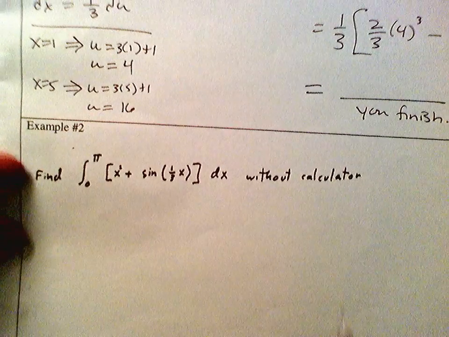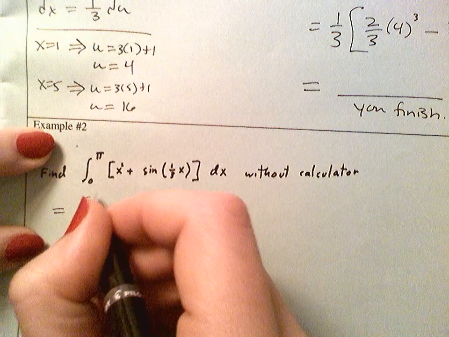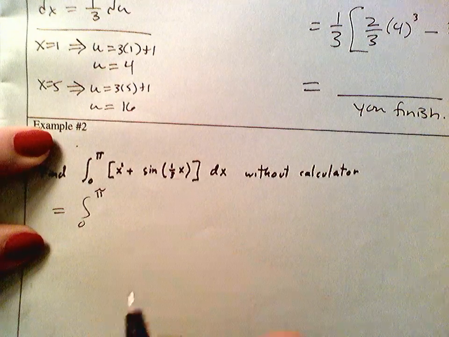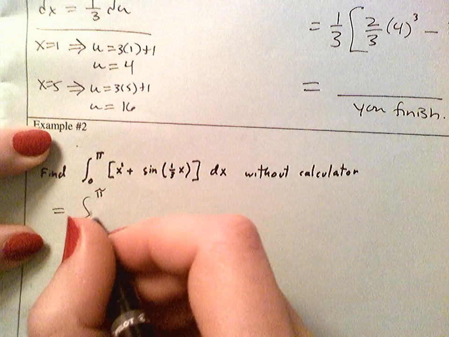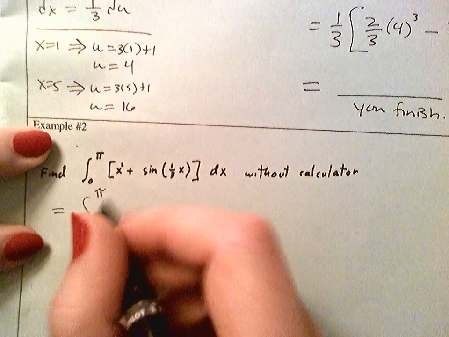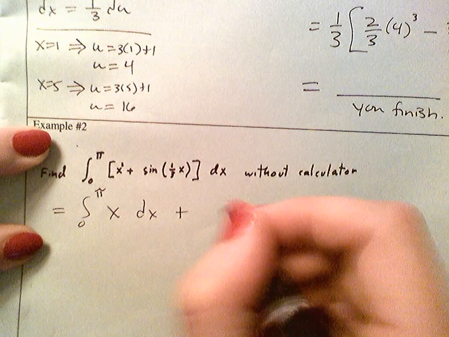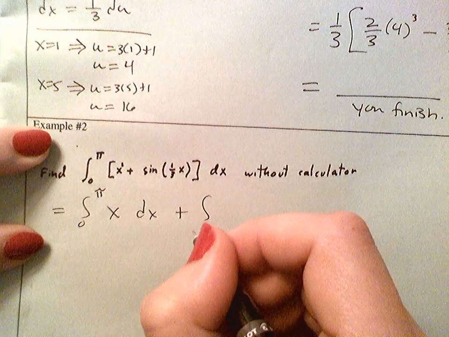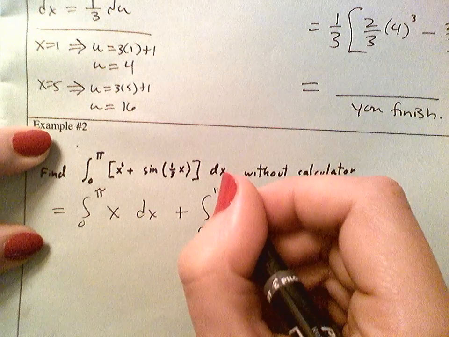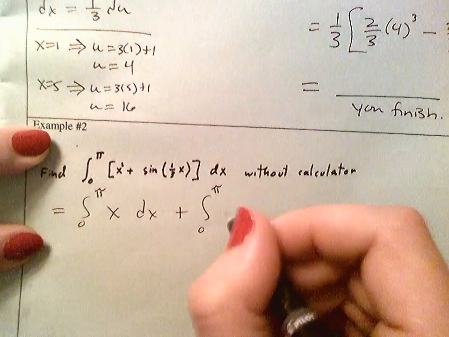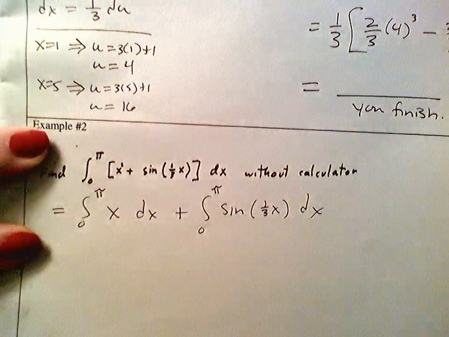So I'm going to split it up like this, kind of like what I did on the last video. So the integral from 0 to pi of x dx plus, I'm going to need u substitution here, the integral from 0 to pi of sine of 1/3 of x dx.